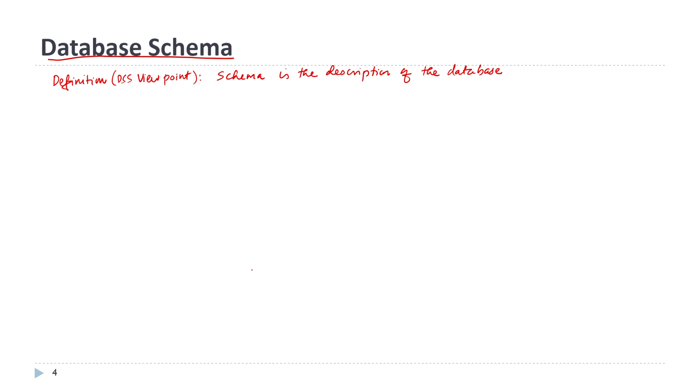When you describe the database, it includes two things. Number one, structure, and two, constraints. Structure of the database and constraints of the database. So, these are the two aspects. This is the first aspect.